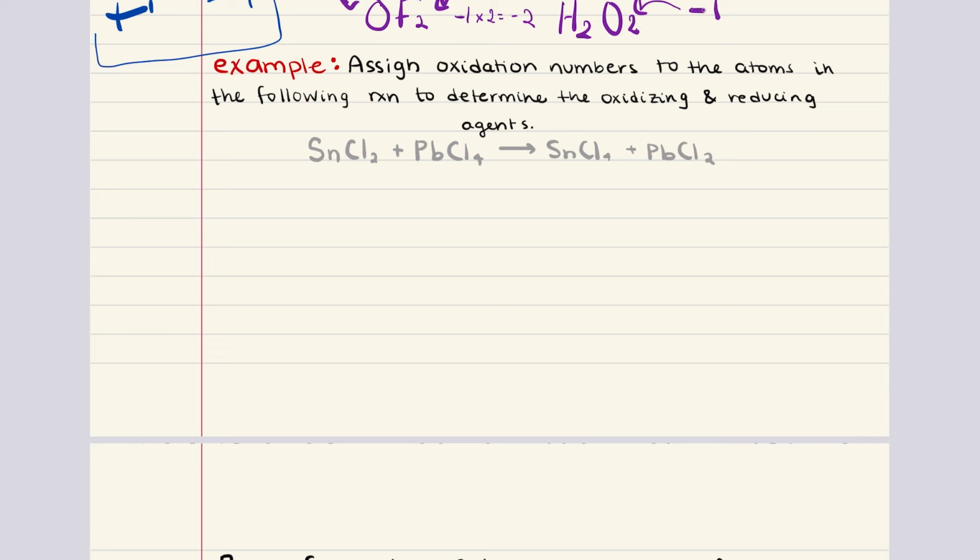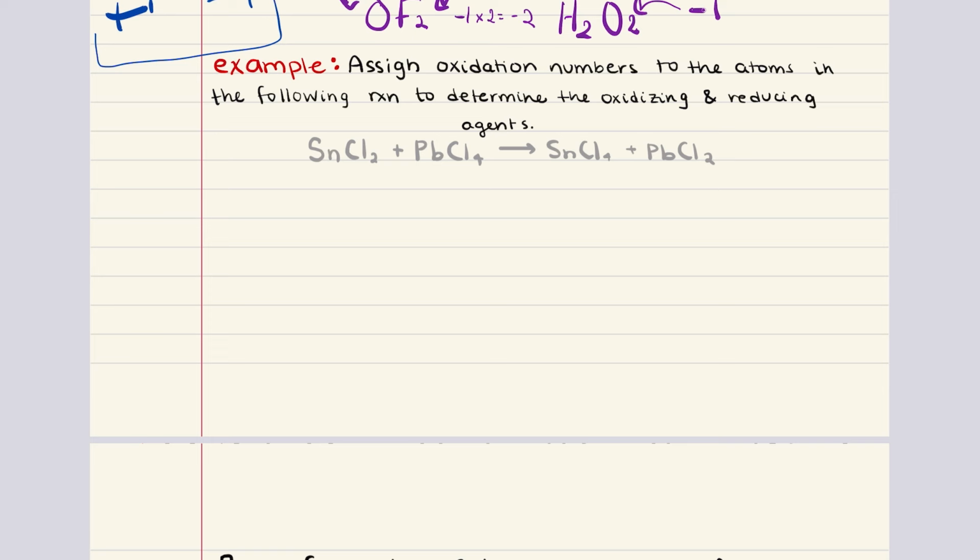Similarly, we can look at tin(IV) chloride here. We have 4 chlorine atoms. Each has a -1 oxidation number. For all 4 of these, this gives us a total of -4. That means tin in this compound is going to have an oxidation number of +4.